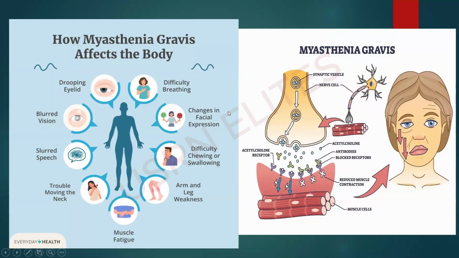That is what's happening in Alzheimer's disease. So I want you to understand that what is happening in Alzheimer's disease is more in the brain. It's a similar thing in myasthenia gravis, but there it is happening in neuromuscular junctions, not necessarily in the brain. So it affects the muscles mostly.